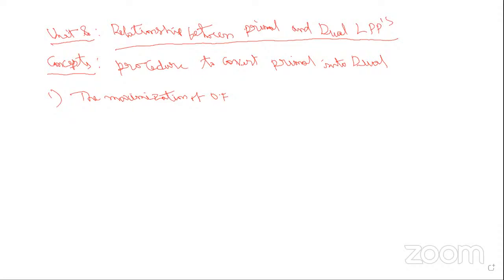The maximization of objective function in primal becomes minimization of cost function in the dual problem.